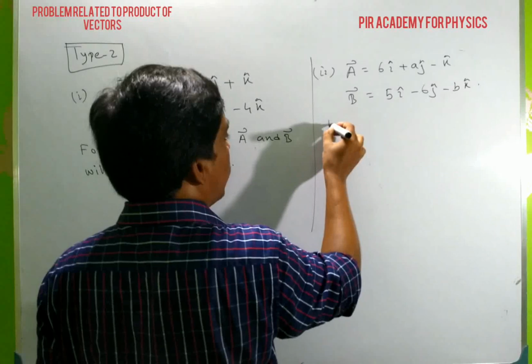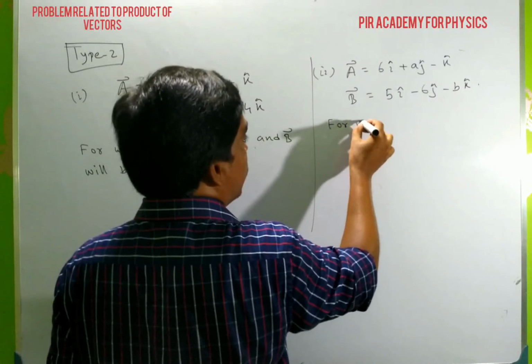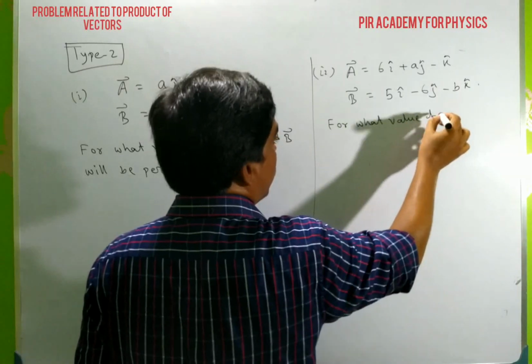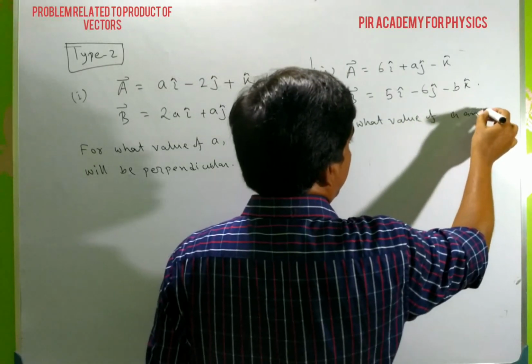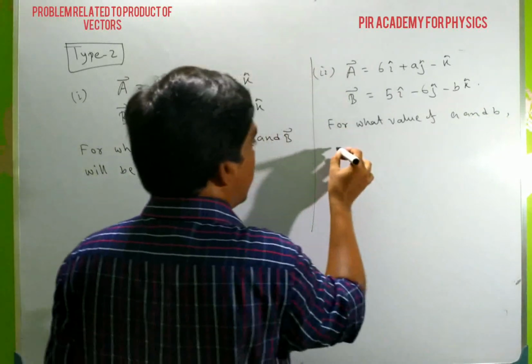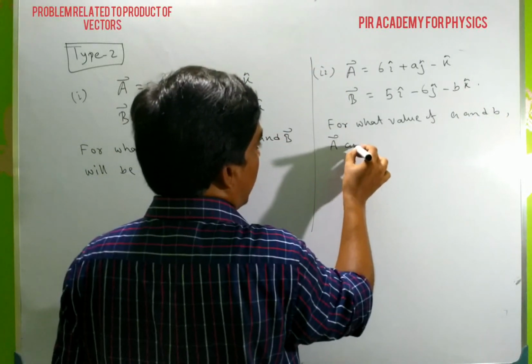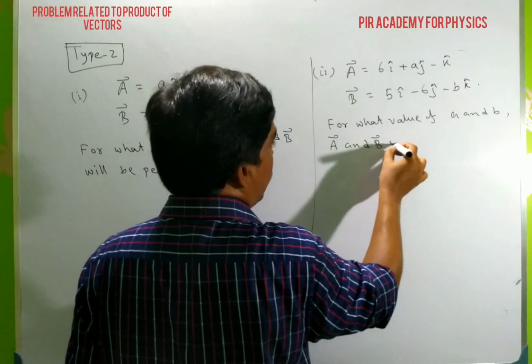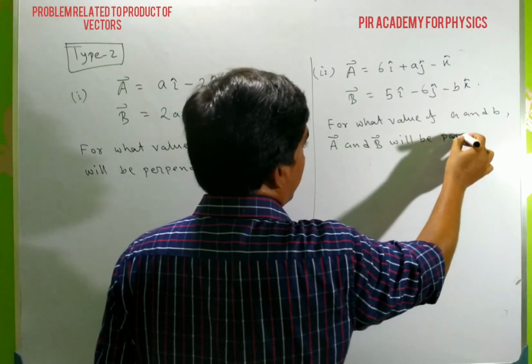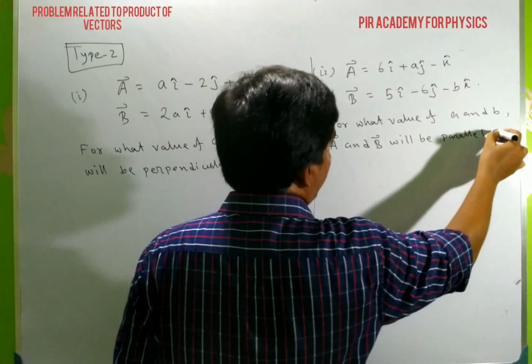For what value of a and b will vector A and vector B be parallel to each other?